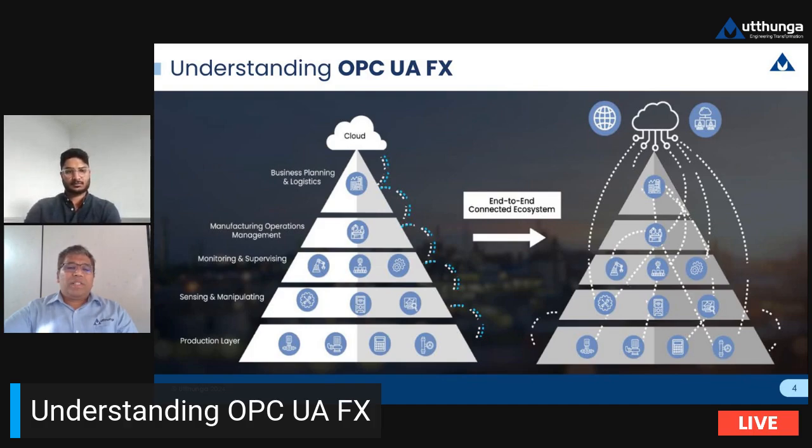And it also has multiple ways to transport and exchange this information.